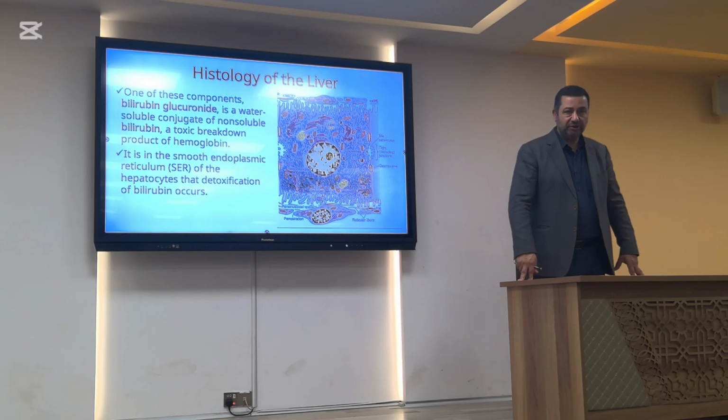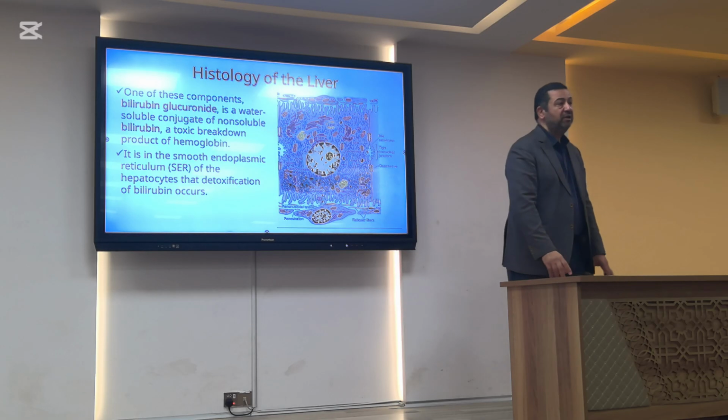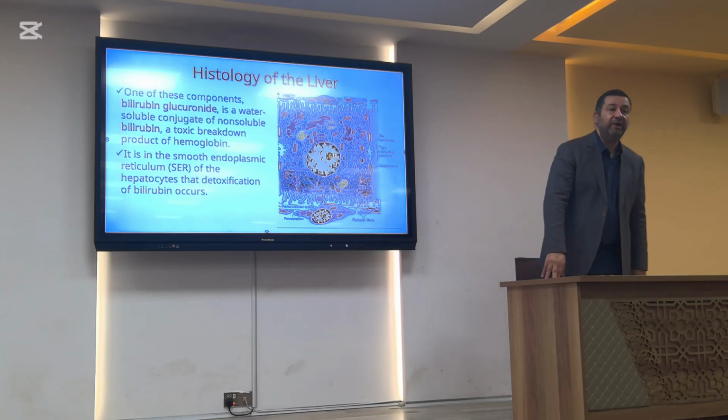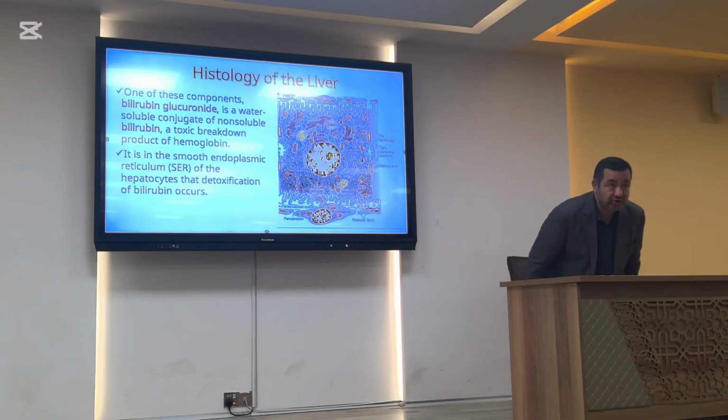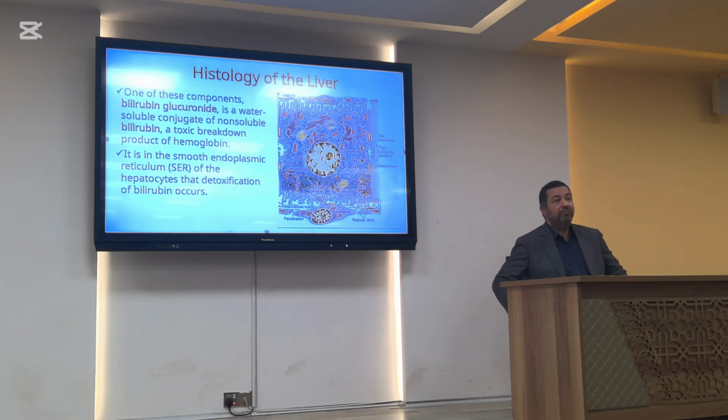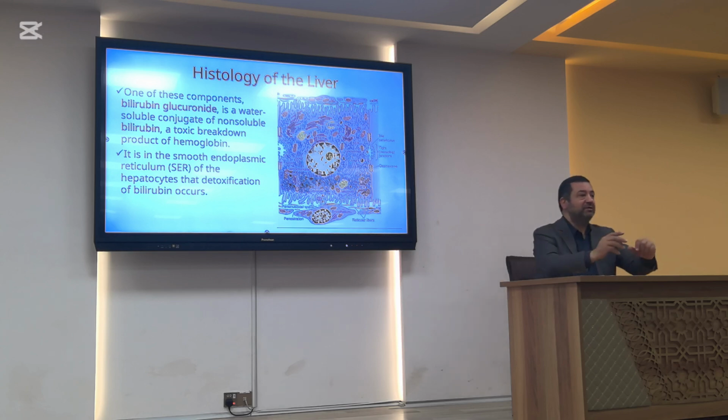Smooth endoplasmic reticulum. If you remember, the smooth endoplasmic reticulum has many specific functions. Do you remember? Synthesis of phospholipids in some cells, detoxification in the hepatocytes, and calcium storage in the muscle.